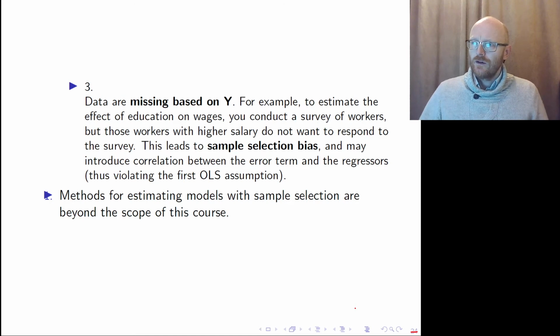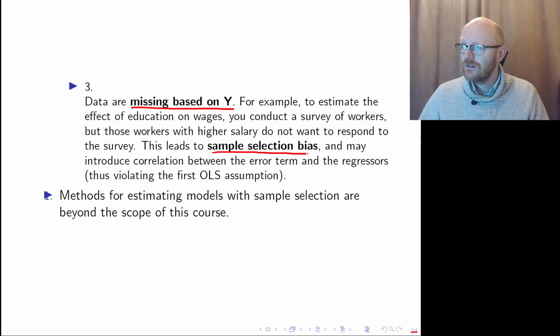The third way you could miss data is missing based on y. For example, you estimate the effect of education on wages, and you survey workers, but some of the workers, especially those with higher salary, do not want to respond to the survey. This is a kind of sample selection bias.